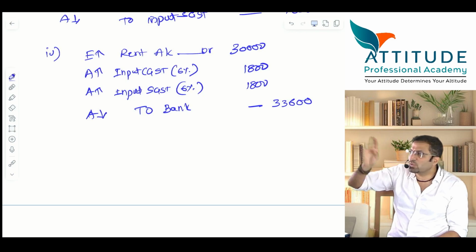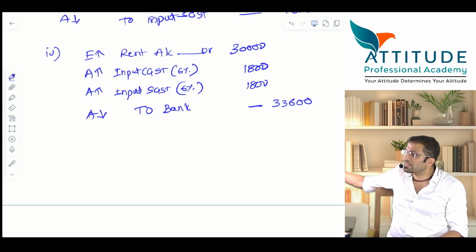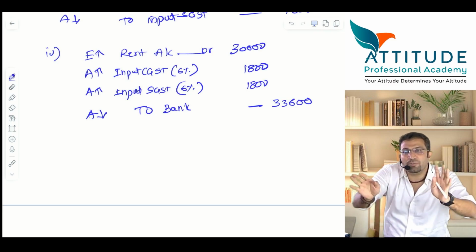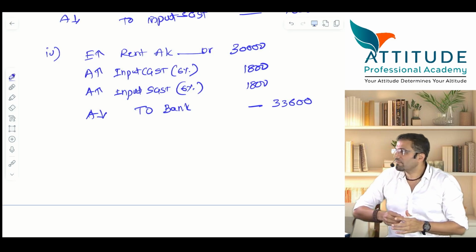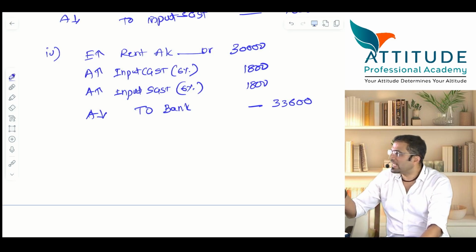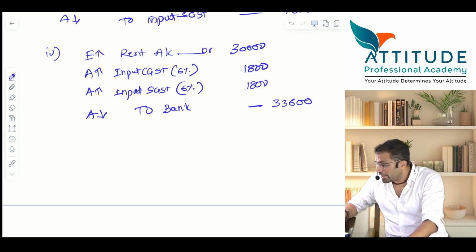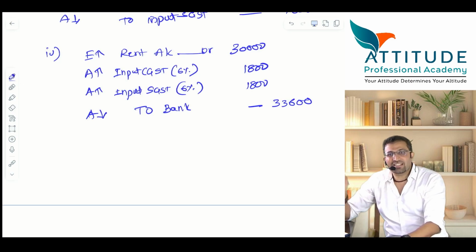Earlier service and goods were service tax. Service tax was for services. VAT and excise duty was for goods. Now there is no difference between service and goods. You can utilize. Service के लिए अलग, goods के लिए अलग, ऐसा कुछ नहीं है. Input. You cannot say input service GST. नहीं. Input CGST. हाँ.